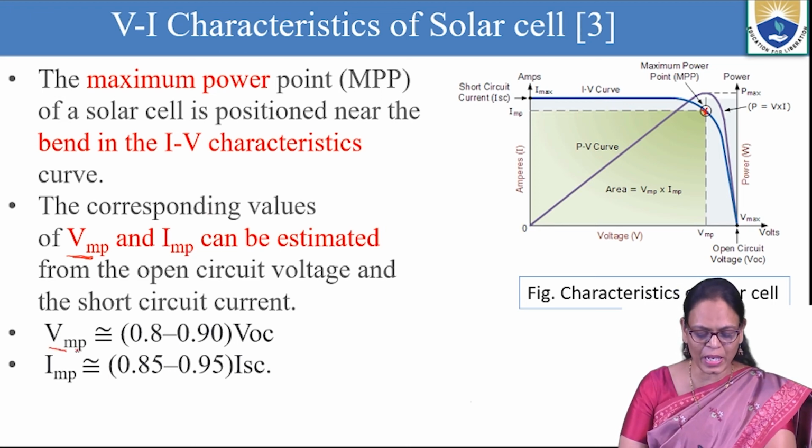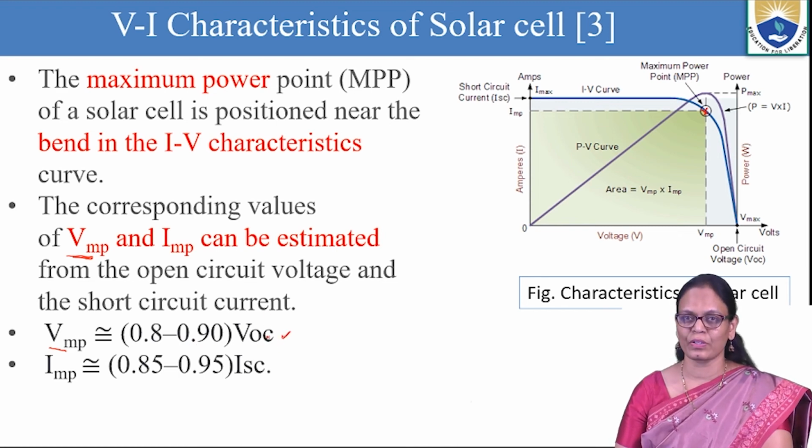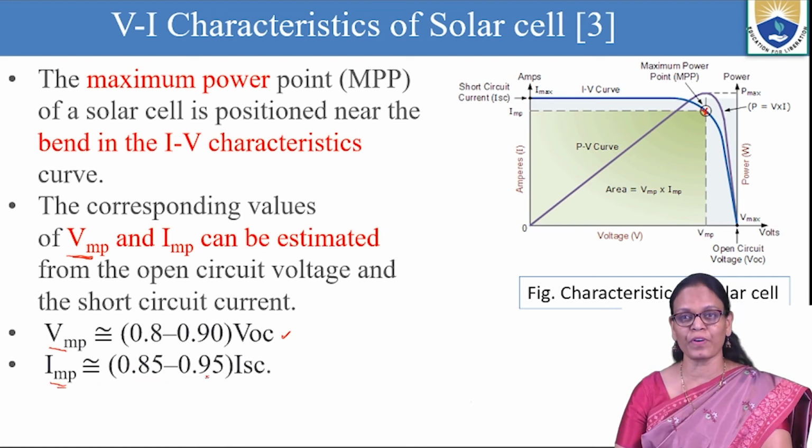So VMP is approximately equal to 0.8 to 0.9 VOC, that is the open circuit voltage, and IMP is approximately 0.85 to 0.95 ISC, that is the short circuit current.